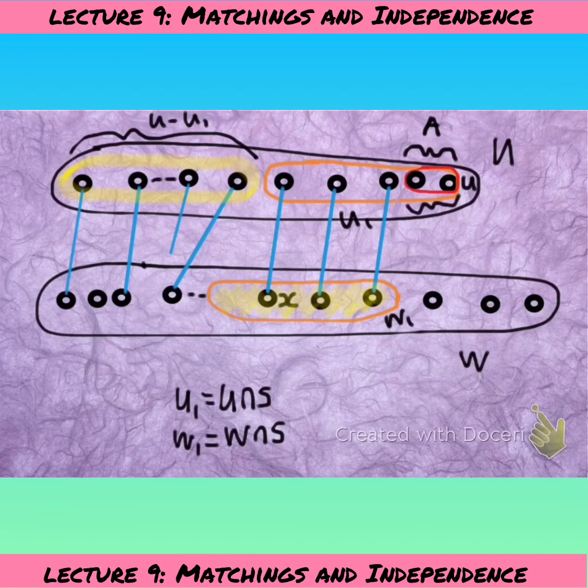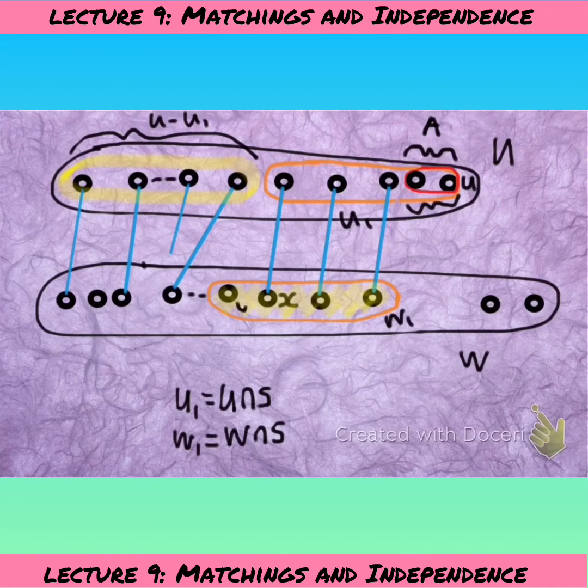Okay, so every vertex in U minus U1 will be matched. So all we have to basically do is to show that every vertex in W1 is matched.